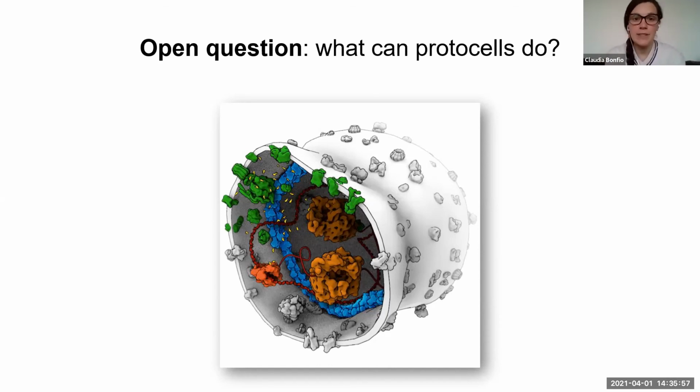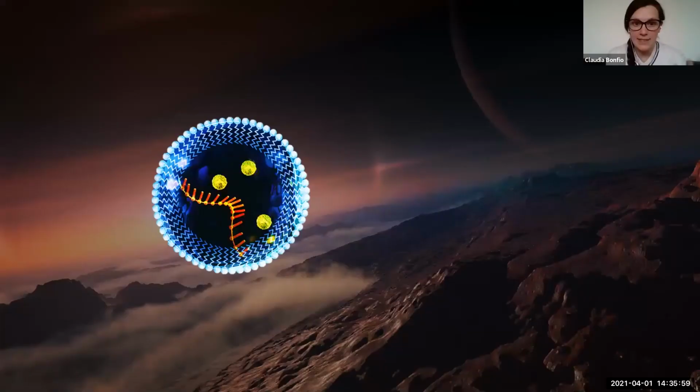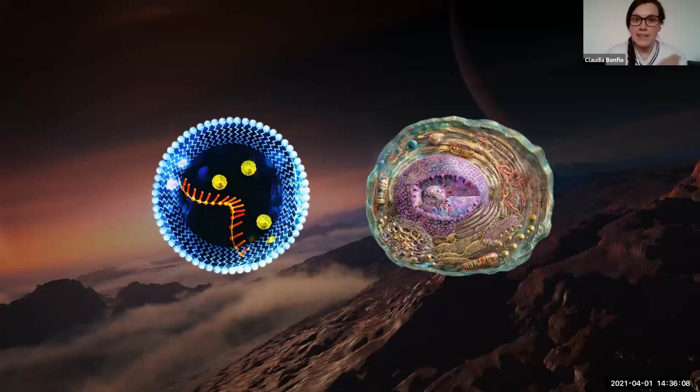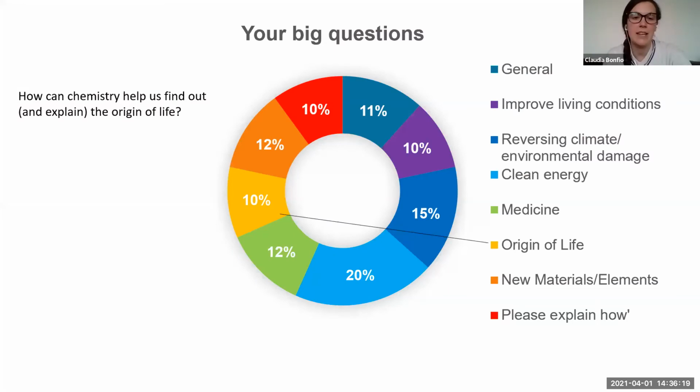This is the kind of primitive cells we are thinking about, but of course the complexity of modern cells is much, much higher. And so there's a lot to do, and I hope you will fill the gap between the primitive cell on the left and the modern cell on the right. And with this, I'll give back the word to Jenny.